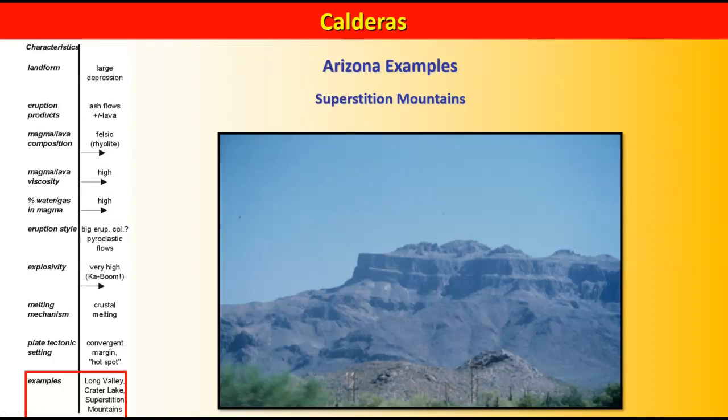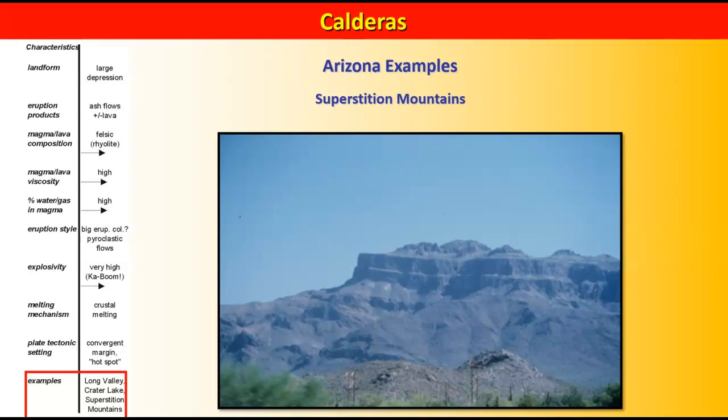And yes, believe it or not, there are actually a couple of examples of calderas, like the Superstition Mountains. If you're from Arizona, I apologize if you don't know anything about Arizona, but in Arizona we have this mountain range called the Superstition Mountains. If you go out there, there's a man-made lake plopped in there. If I said, point to me, where's the volcano? There's no steep-sided volcano that we typically associate with volcano shapes.